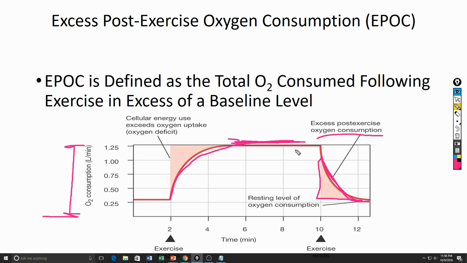Steady state is when your aerobic system is primarily engaged and producing the majority of the energy. In order to get to steady state, we have to have those other energy systems activate first, and the byproducts of those energy systems help to get you to steady state.